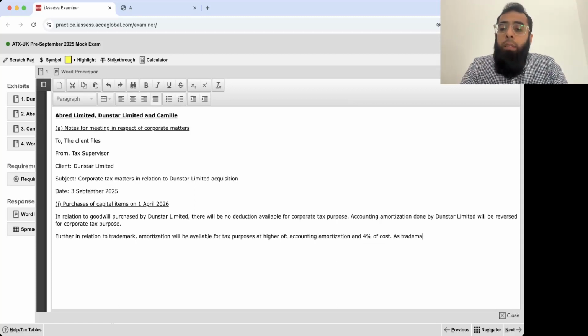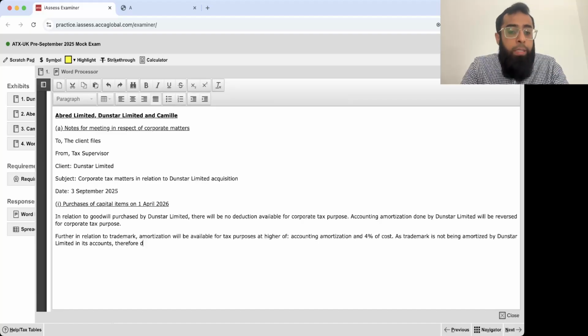As trademark is not being amortized by Dunster Limited in its accounts, therefore the deduction for tax purposes will be 4% of cost, which will be how much?